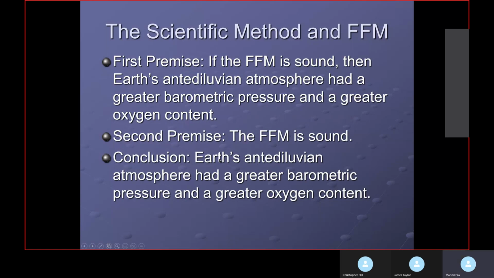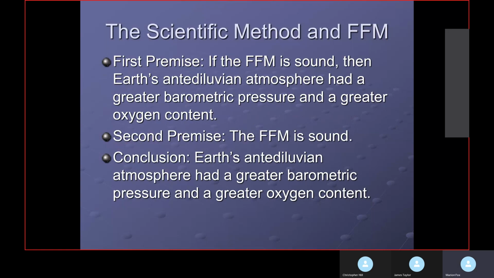We showed this from scientific information in our earlier study, that there's evidence from materials and things we have that it was higher barometric pressure and a greater oxygen content. Both of these were proven to have existed at some time in the past.